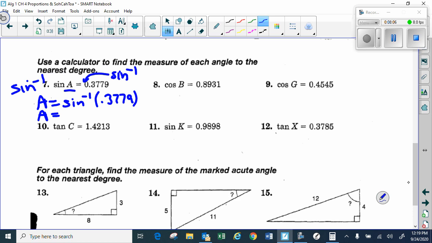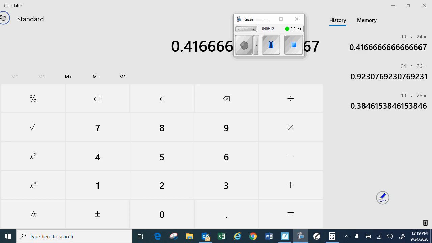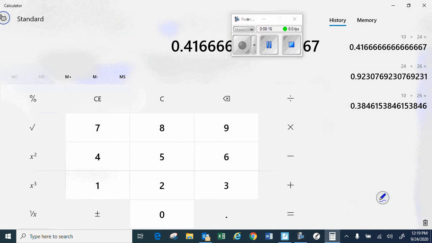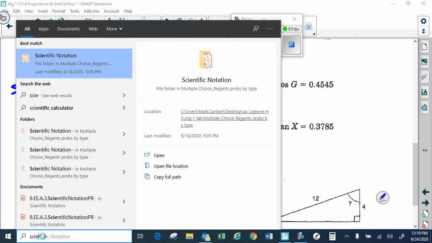Scientific calculator, you got to check to see. So that's the standard one. Can I switch? All right, let me close this one. Let me see if I can type in scientific calculator. Because I know it's got a scientific calculator here. Scientific calculator. Let's pin that.